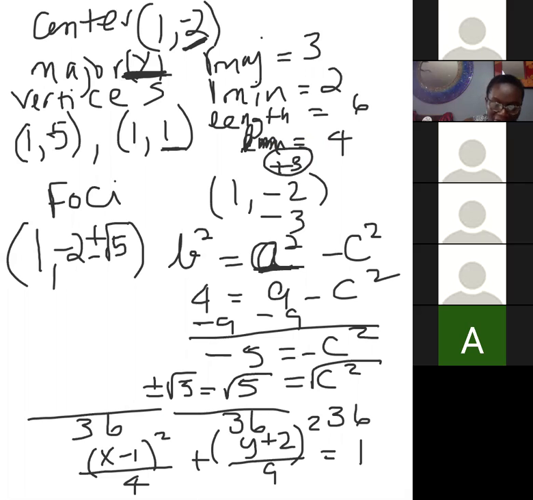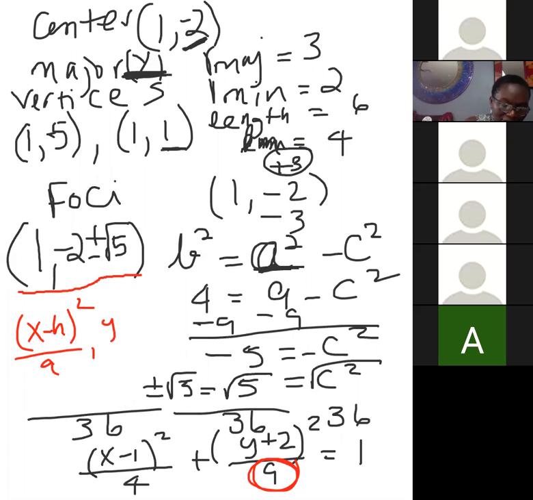So the denominator of the y is 9. That's your a squared. Remember, when you look at these formulas, the formulas are (x minus h) squared over a squared, and then y, that's a plus, (y minus k) squared over b squared. These are all squared. So pretty much the 9 is already squared.